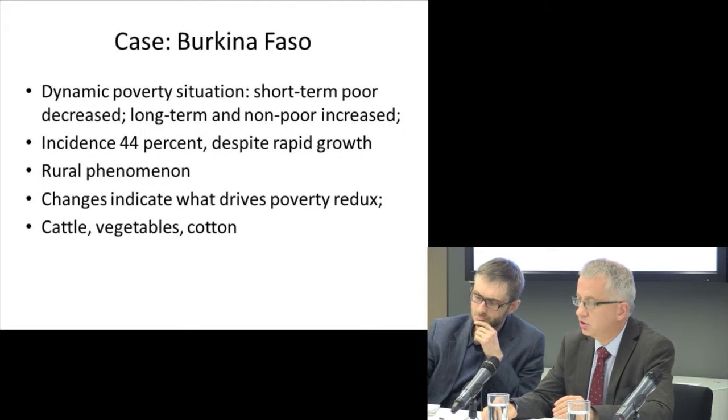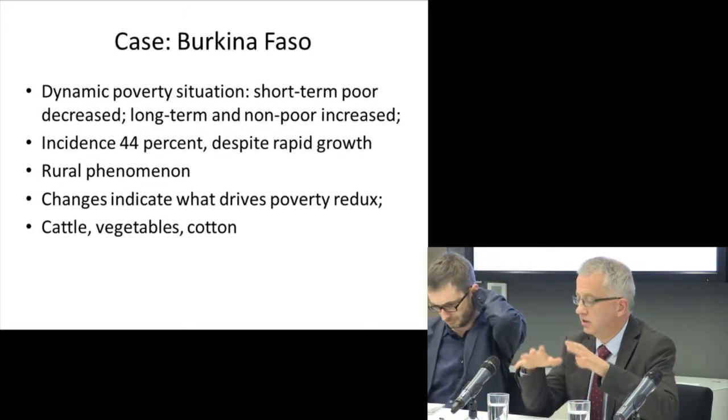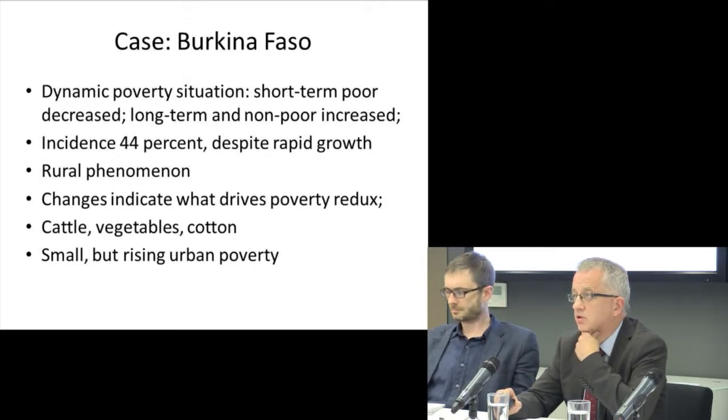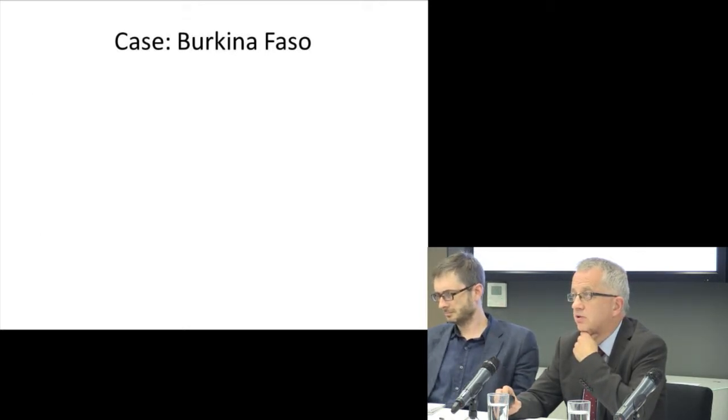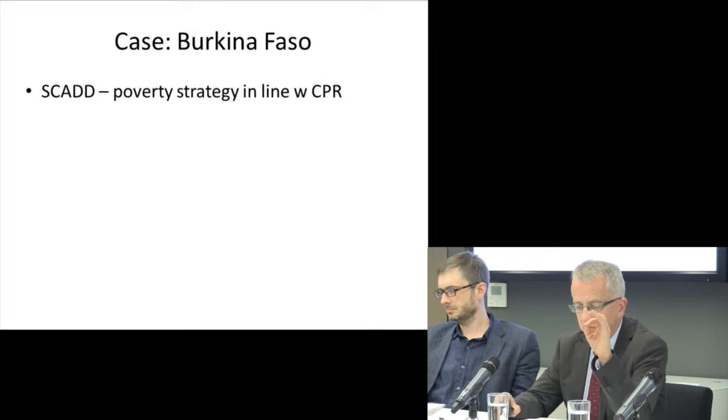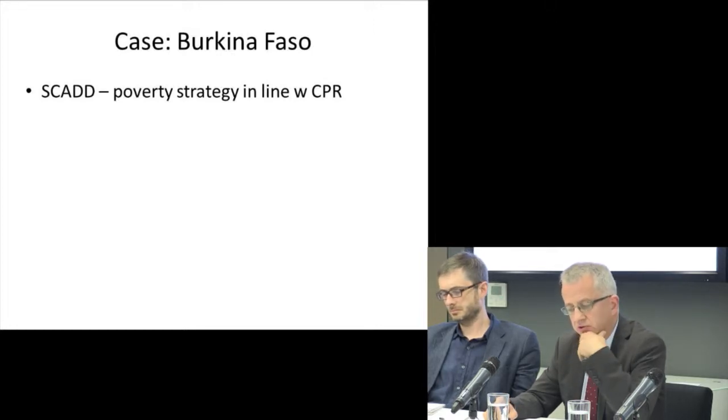These are quite long-term trends and actions taking place. There is also small but rising urban poverty. There is a strategy. The poverty reduction strategy shifted into a growth and sustainable development strategy, SCAD 2010.